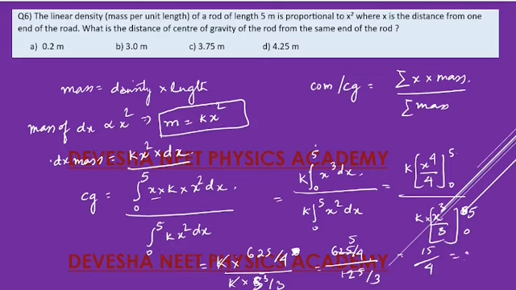This is equal to 3.75 meter. The answer in this case is C here.